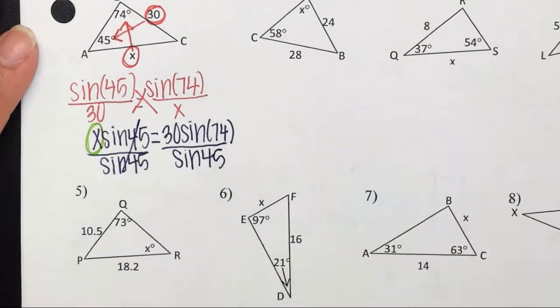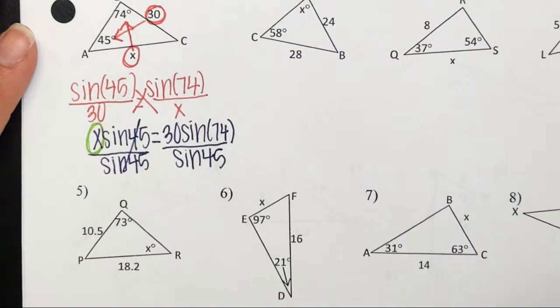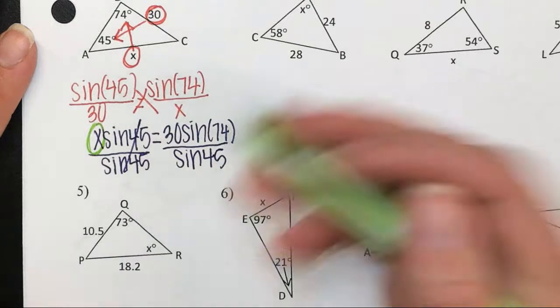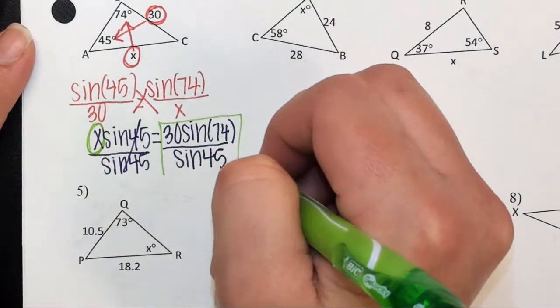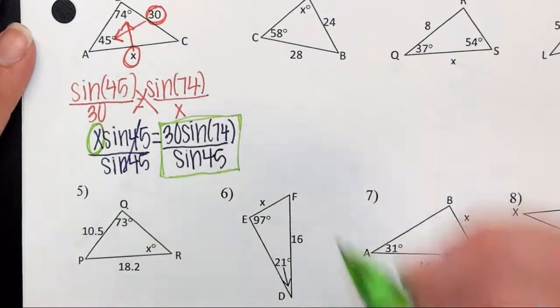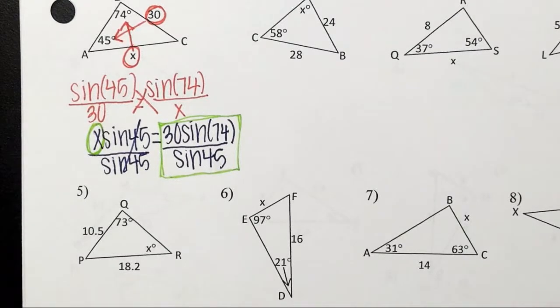So this cancels. We're almost there. We're almost done with this one. This cancels, and when you plug this in your calculator, it's going to give you the right answer. Divide both of them because it cancels it out. Okay? So try to plug that in your calculator.